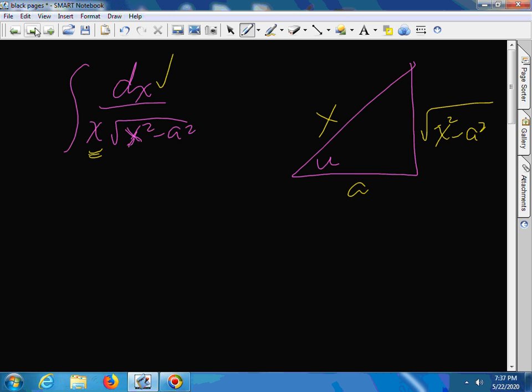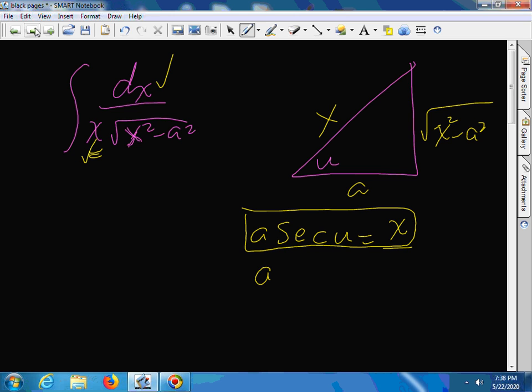From the last time, we learned that the secant of u is the hypotenuse over the adjacent. So now I know what x equals, which is good. And if I take the differential of both sides, a secant u tangent u du, that's dx. Oh, so now I have dx.